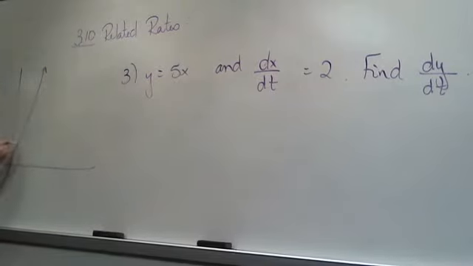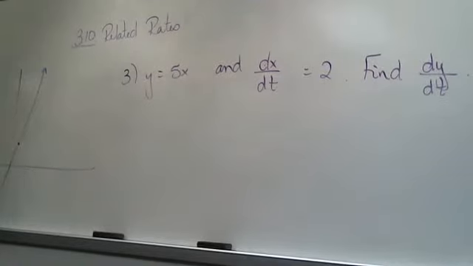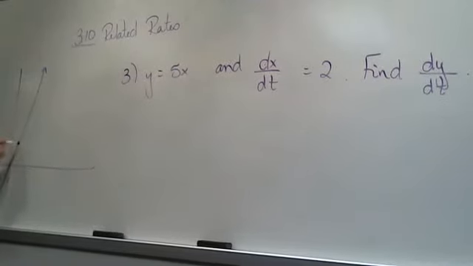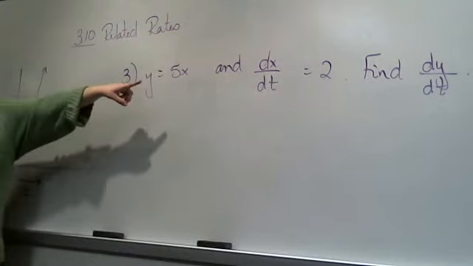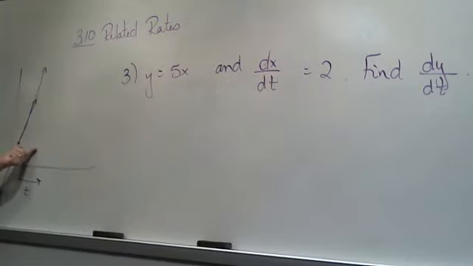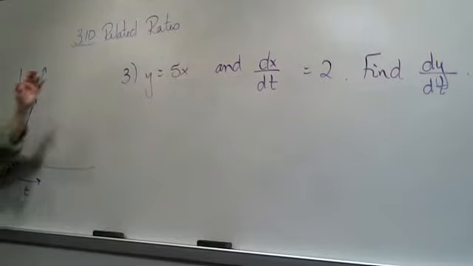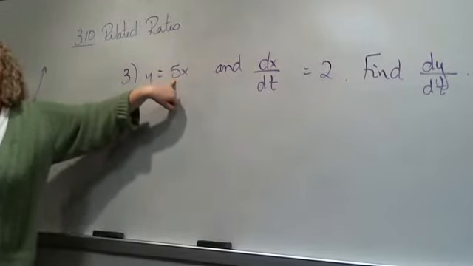If I pick a point moving along this line, as time increases, the x is changing and the y is changing. They're telling me that x is changing at 2 units per unit of time, so it's going this way at 2, but how fast is it moving this way based off the fact that that line is 5x?